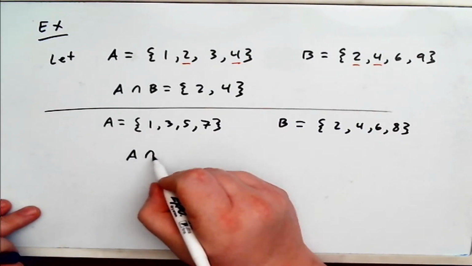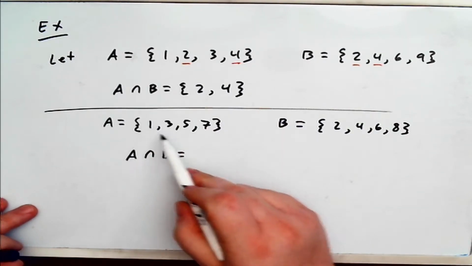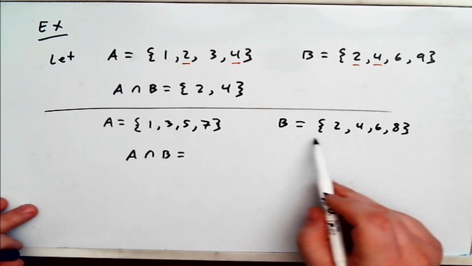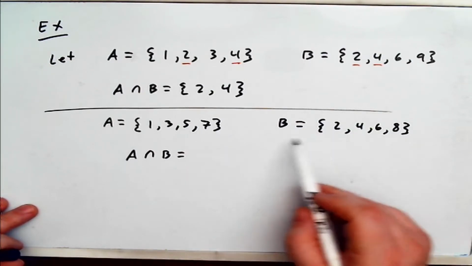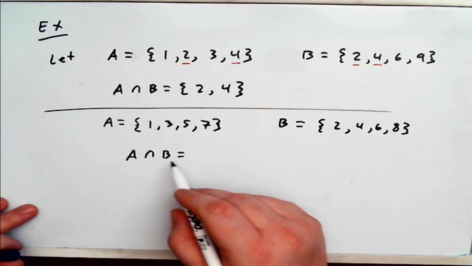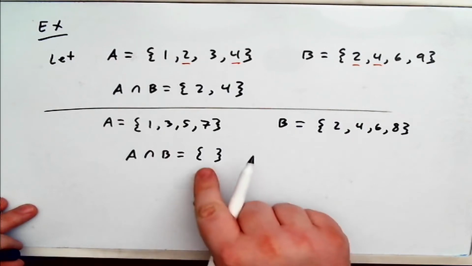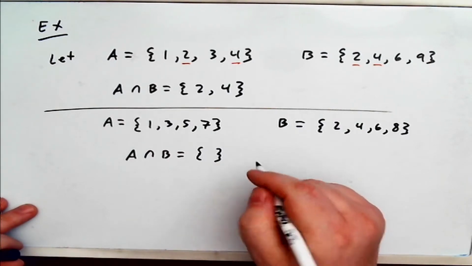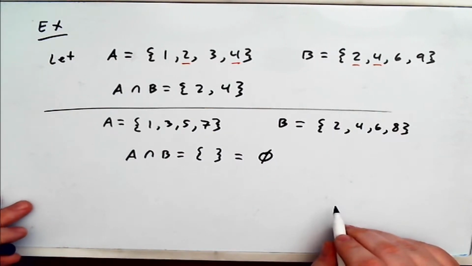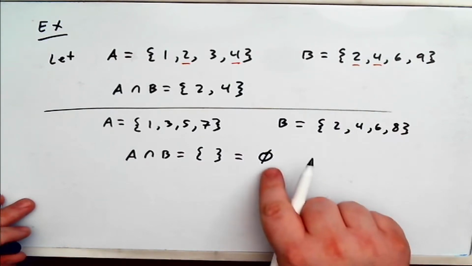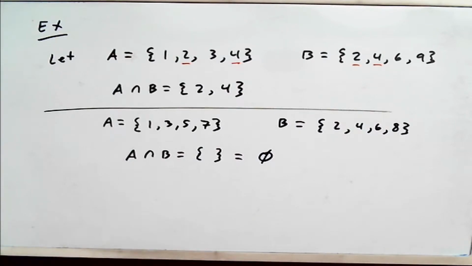Then A intersect B is equal to, so notice there's nothing in common, right? 1 is in A, but it's not in B. 3 is in A, not in B. 5 is in A, not in B. 7 is in A, not in B. Okay? So this is actually an empty set. So remember how we denote that? We can denote it by 2 braces without any elements inside, right? Or we could write that with our special notation for empty set, okay, which is the circle with a slash through it. Okay? And that denotes the empty set. Okay? So that's how intersection works.